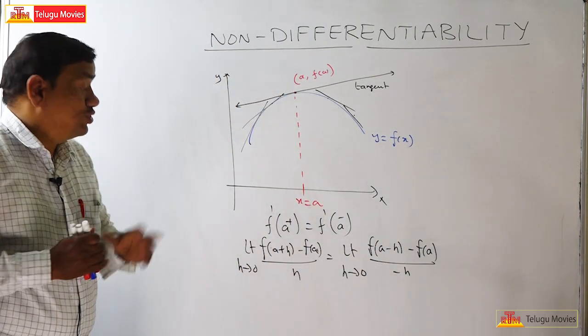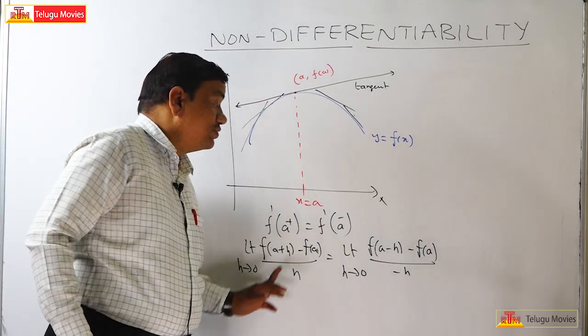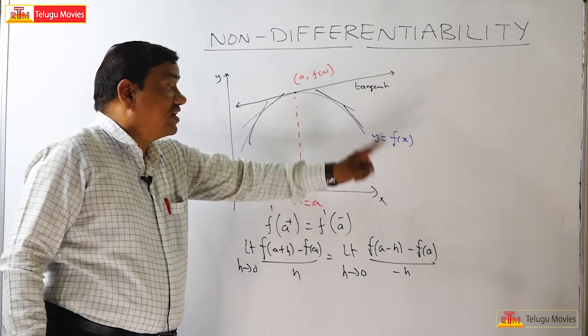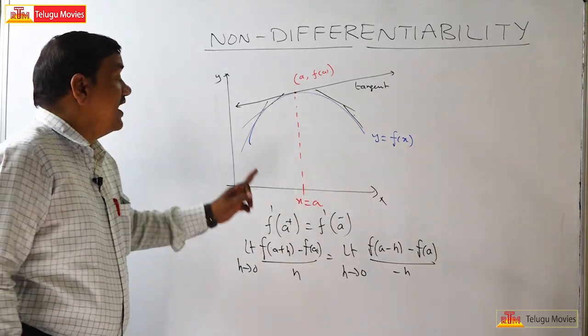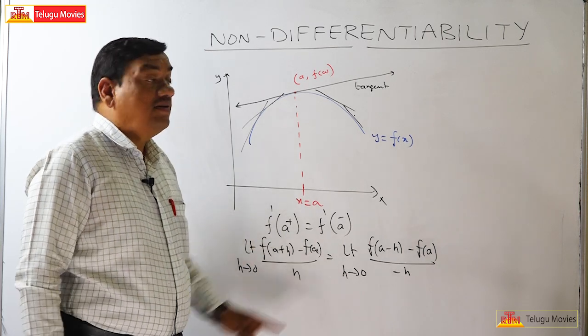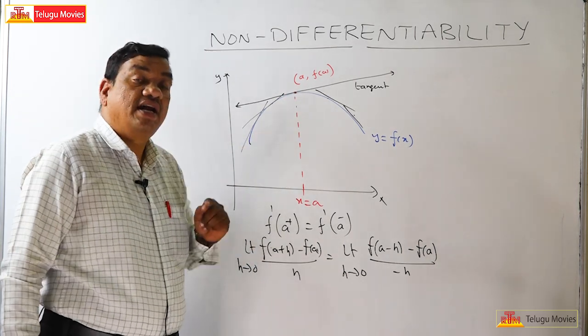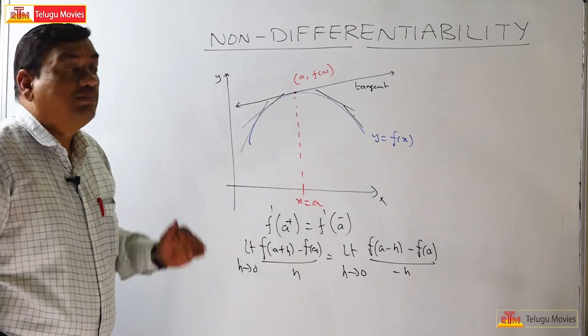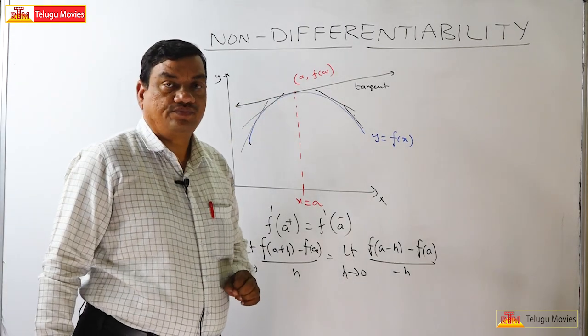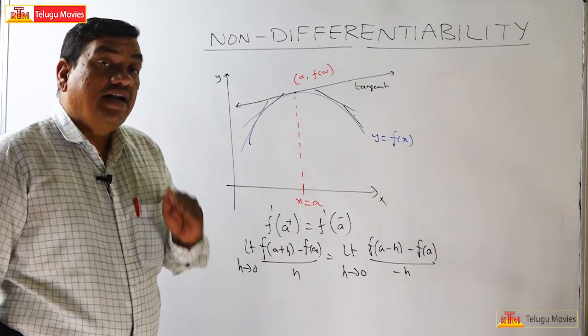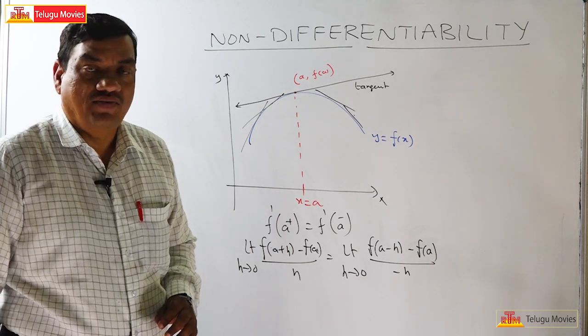If you are able to show that these two values are equal, given a function y is equal to f of x at x is equal to a, then the function is differentiable at a comma f of a. That means we can draw a tangent at the point a comma f of a.